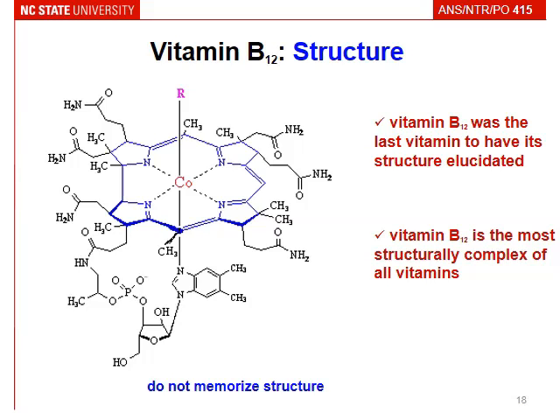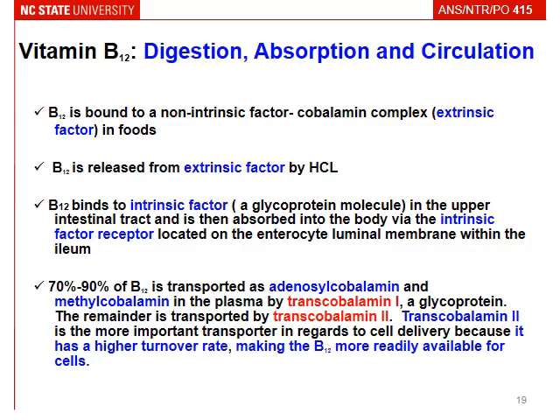The main thing here, we have cobalt in the very center. With this, you're definitely going to have to tell me that cobalt is the center mineral that is making up the structure of B12. Also, I want you to be able to tell me that it is the most complex and largest vitamin that is needed.